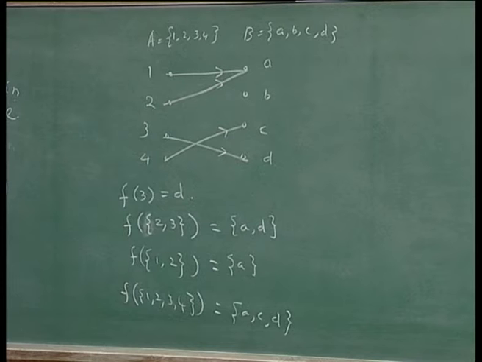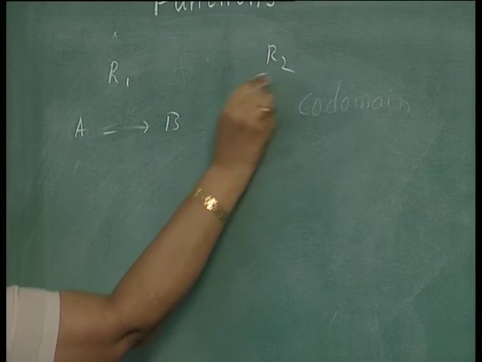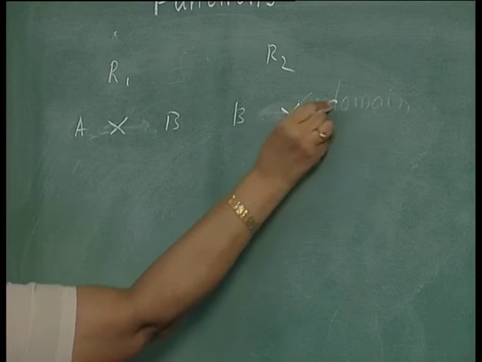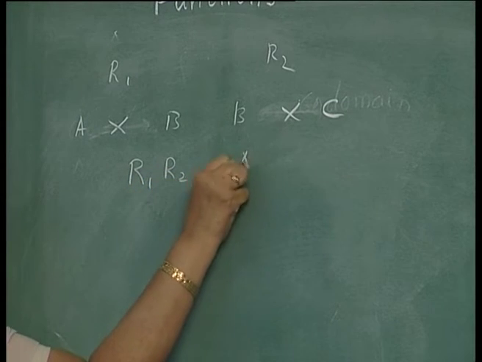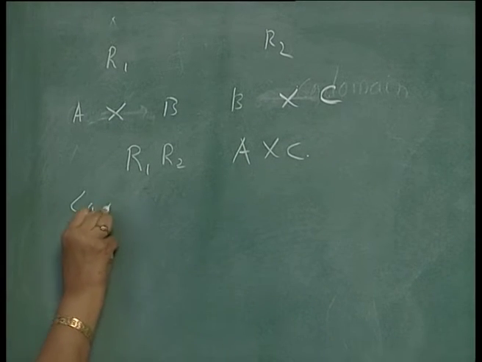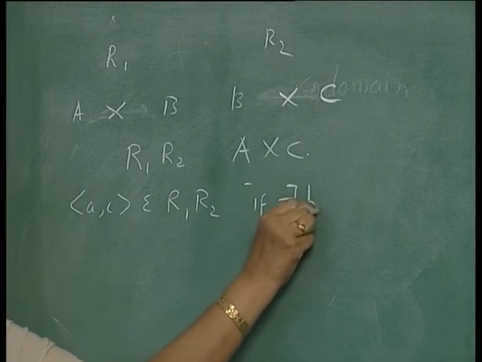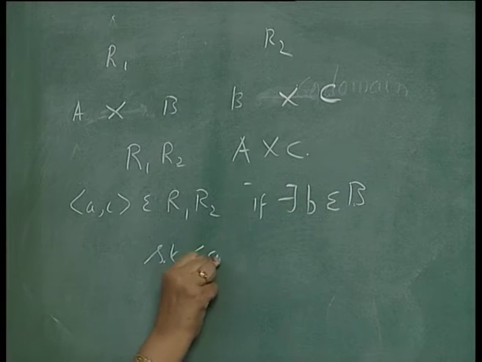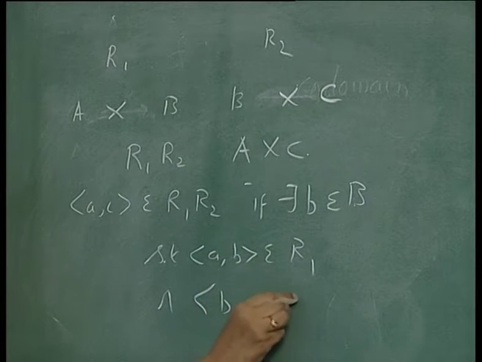Suppose you have a relation R1 from A to B and R2 from B to C, that is R1 on A cross B and R2 on B cross C. Then R1 R2 specifies a relation on A cross C, and how is that defined? (a, c) belongs to R1 R2 if there exists b belonging to B such that (a, b) belongs to R1 and (b, c) belongs to R2.